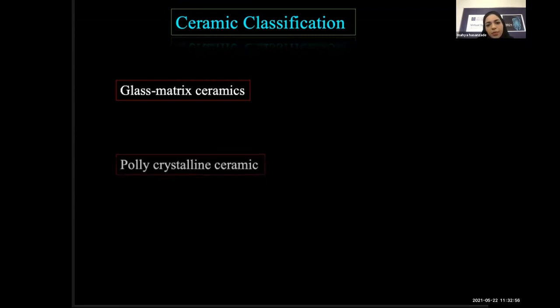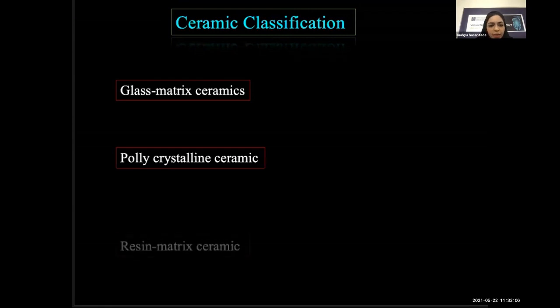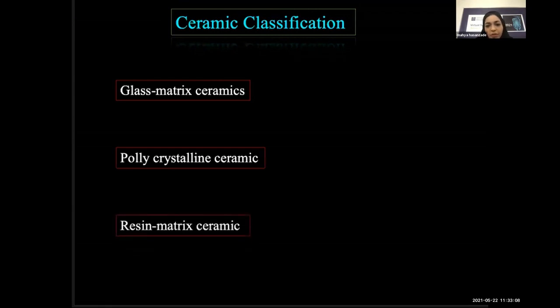The second group is polycrystalline ceramics, non-metallic inorganic ceramic materials that do not contain any glassy phase. And finally, the recently introduced resin matrix ceramics, which are a polymer matrix that contains predominantly inorganic refractory compounds that may include porcelain, glasses, ceramics, and glass ceramics.